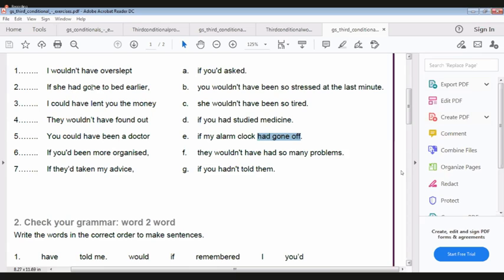If she had gone to bed earlier, she would not have been so tired. All right, Prashna, have you got any questions to ask on these sentences? No. Are they very clear?